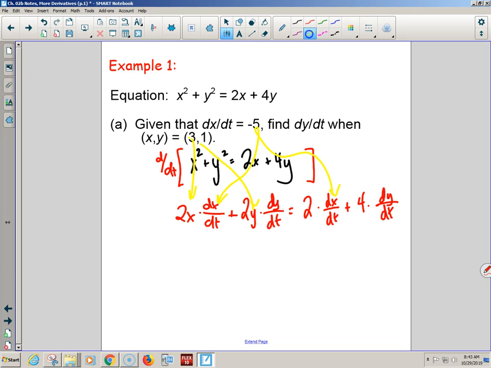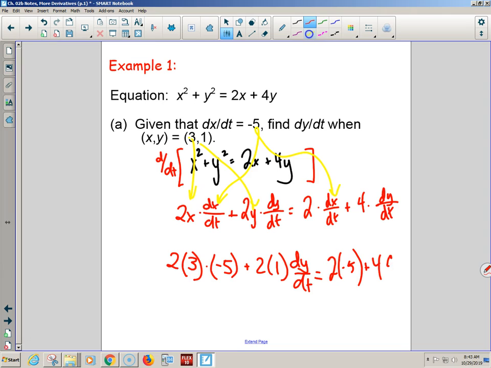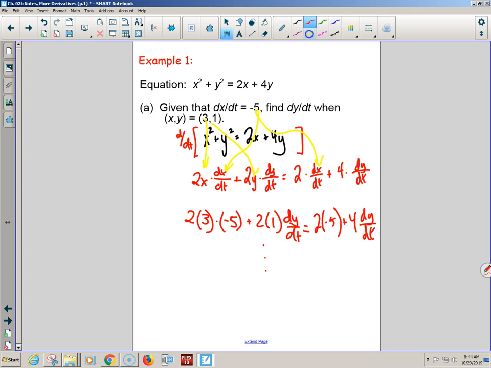If we're not missing something else, then we're done. So then we go ahead and plug and chug. And we have 2 times the x is 3. And we have dx/dt, which is -5. x must be decreasing. Interesting. Plus 2 times the y is 1, dy/dt, I don't know. Equals 2 times dx/dt, which is -5, plus 4 times dy/dt. Guys, can we solve this? I think so.